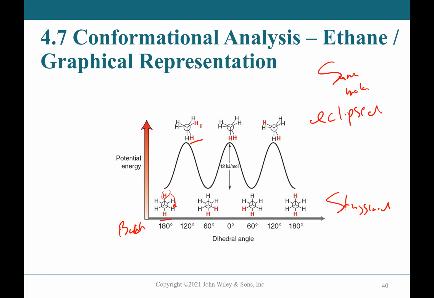So let's just call this one 1. Here the ones are here, and here the ones in that position. And this is higher in energy due to the torsional strain. And this strain is relieved here. So the strain is relieved in a staggered position.